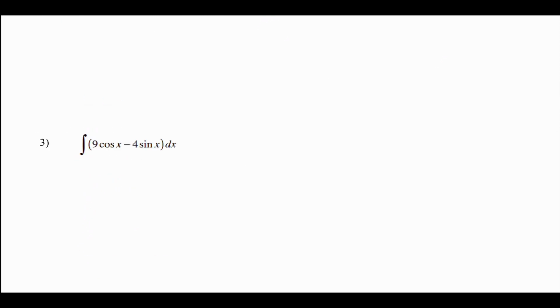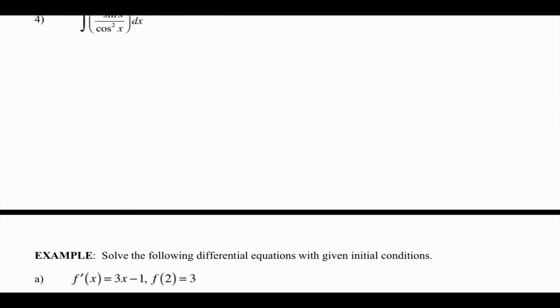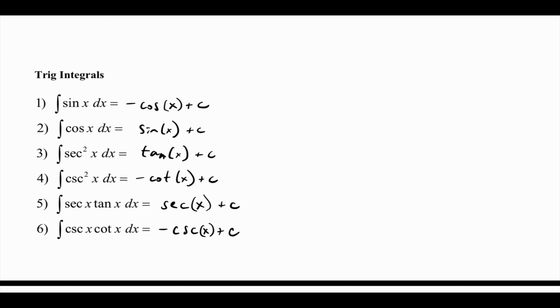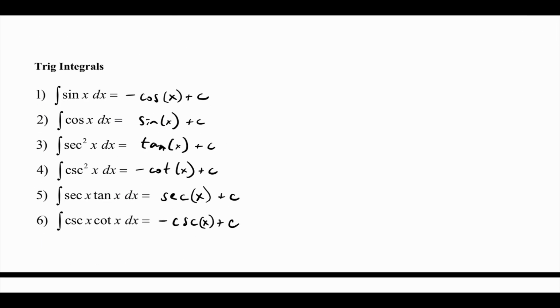Let's see. We'll do the rest tomorrow. We'll finish up tomorrow. As long as you have those, they're all on the back of your trig ratios. On the back, the top is derivatives, which we did all of them last semester. Now we're going to start with this semester.